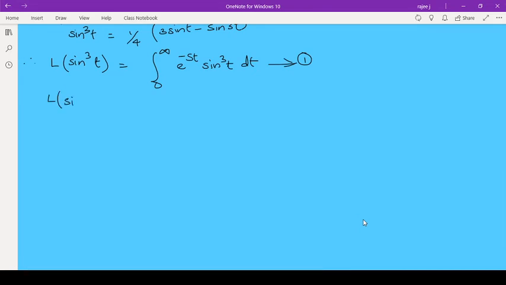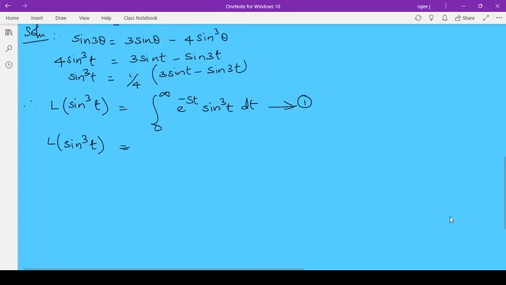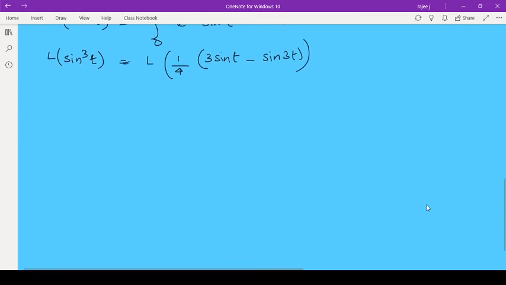So L of sine cube t is equal to, replace sine cube t by the formula we have written here, L of 1 by 4 of 3 sine t minus sine 3t. Then take Laplace transform inside, so that is equal to 1 by 4 constant into L of 3 sine t minus L of sine 3t.